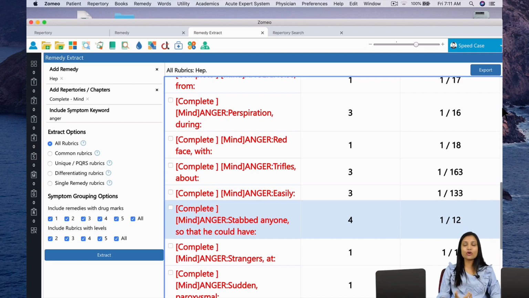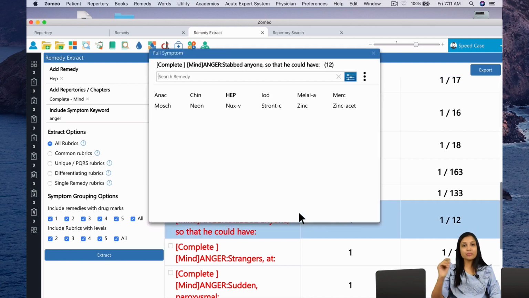Such an extreme form of anger. Okay, there are only 12 remedies in this rubric, and Hepar Sulph is the only remedy in grade 4. So anger that he could have stabbed anyone is there only in Hepar Sulph in grade 4.